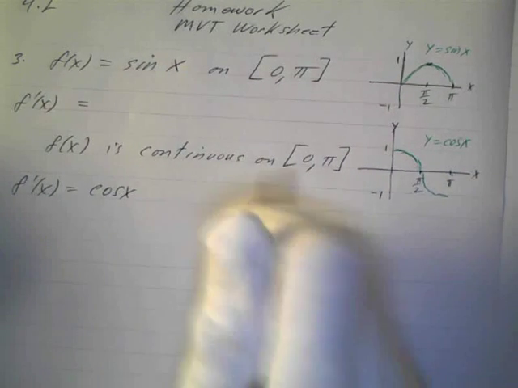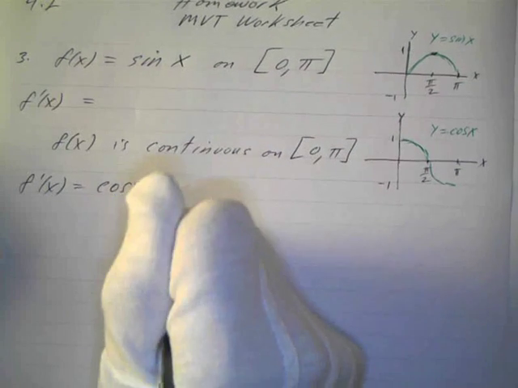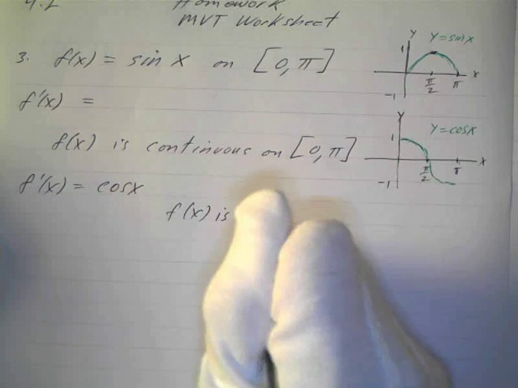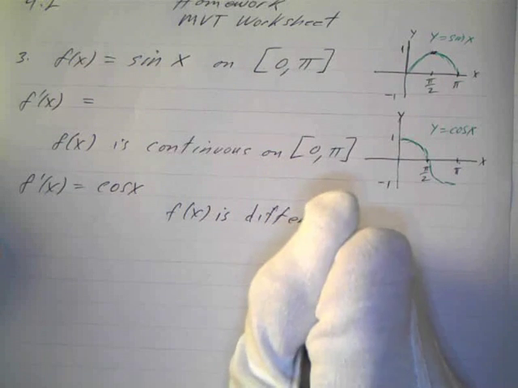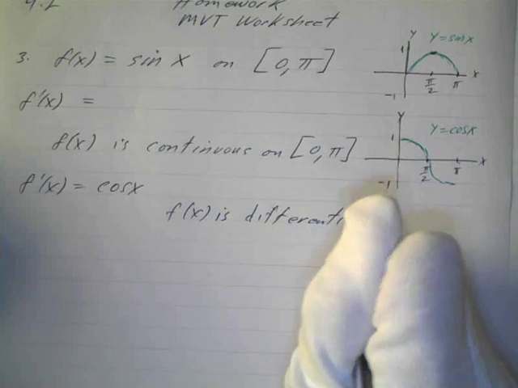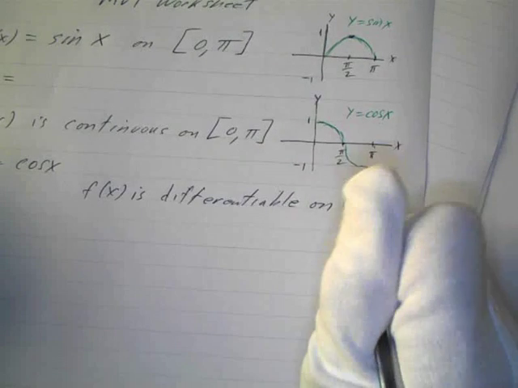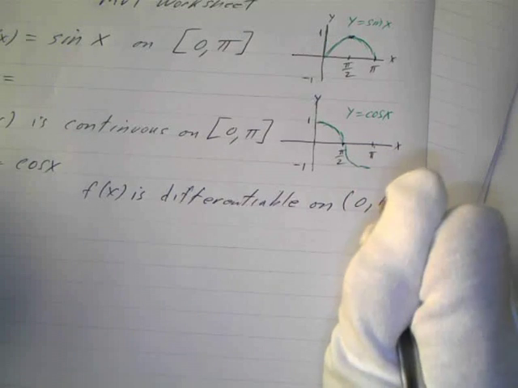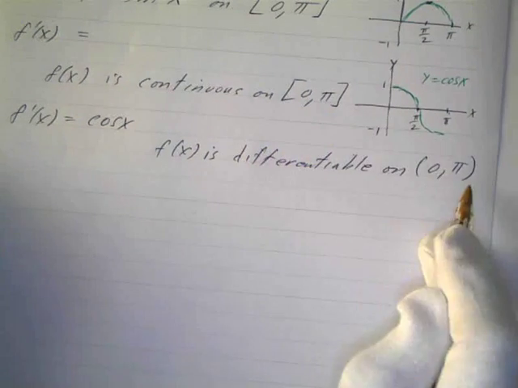So I could say that f of x is differentiable on the open interval. Okay, so it has to be continuous on the closed interval and differentiable on the open interval. So therefore the mean value theorem applies.